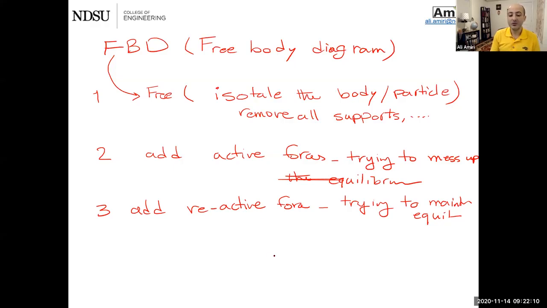And I have a rule for supports. So I ask all my students to draw a little quick table. Whatever support you have here, put it here, put an X, put a Y, put a moment. And then ask this question: does the support move in this direction? Does your support move in the X direction?